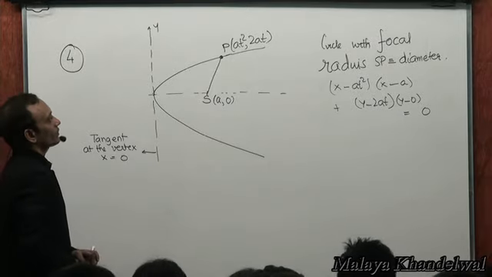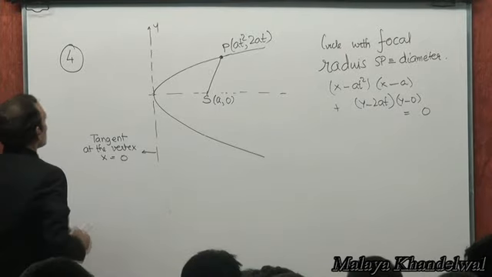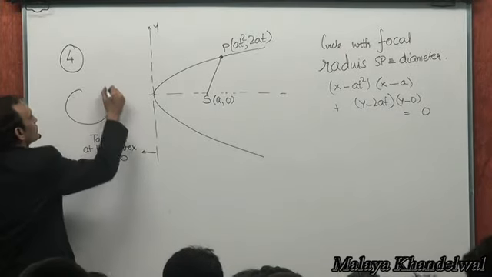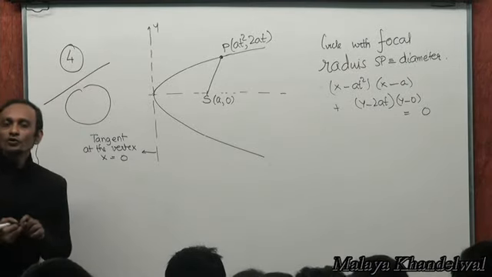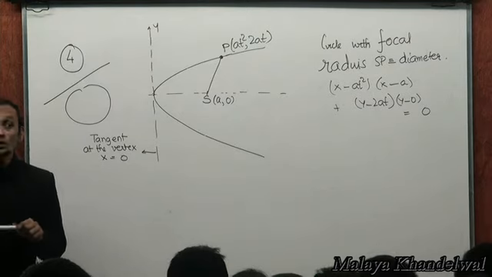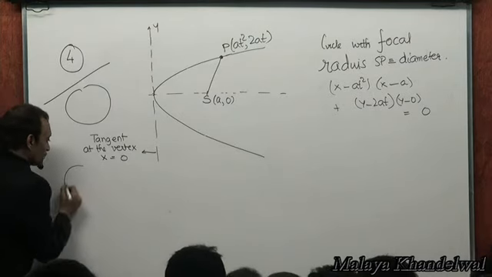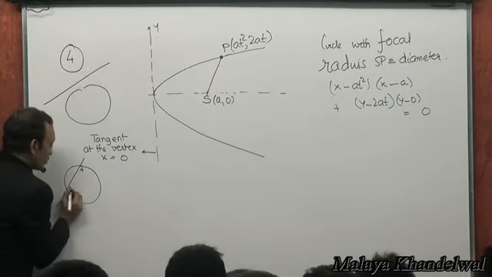Now, if there is a circle and if there is a line, how do you know if the line is a tangent to the circle? This is a case of two distinct points of intersection.